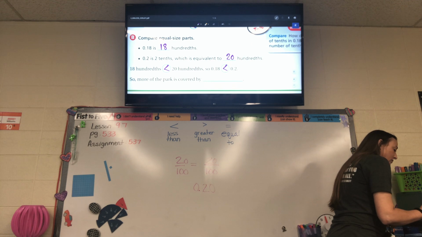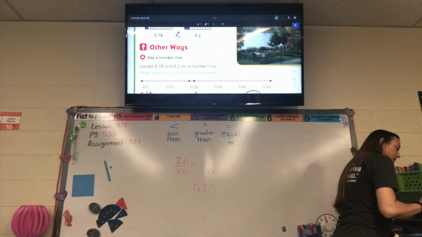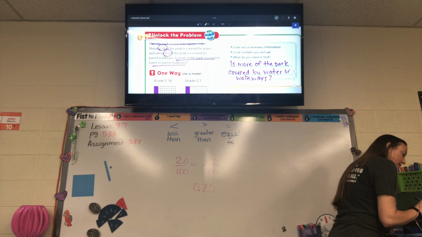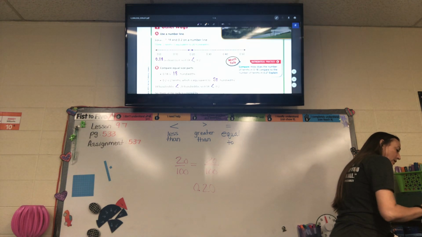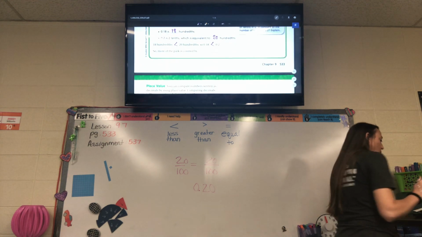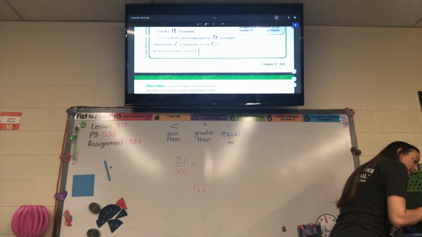So more of the park, if we go back up to the top and see, 18/100 is covered by water. So that means more of the park is covered by paved walkways.